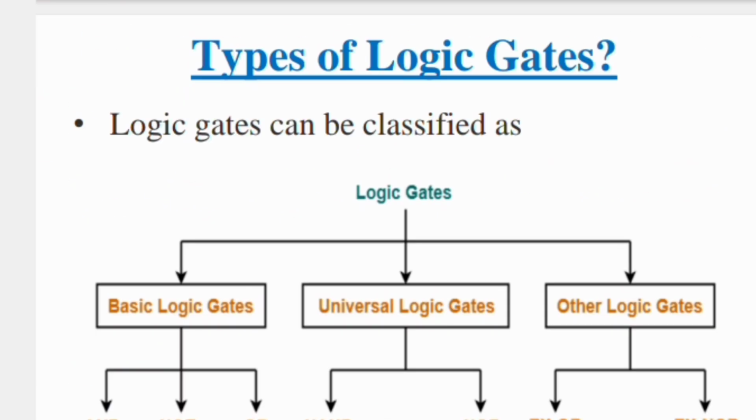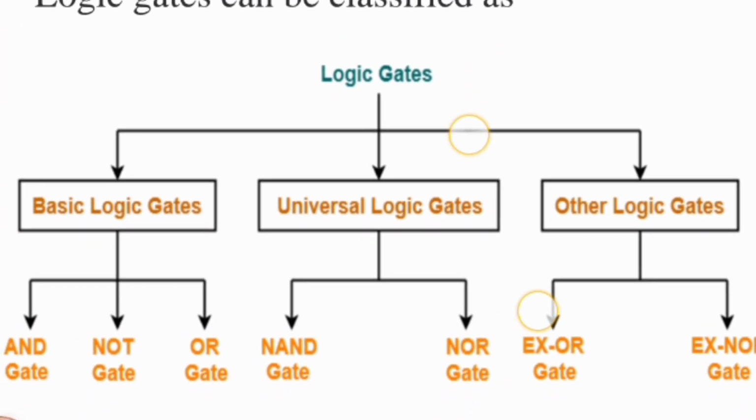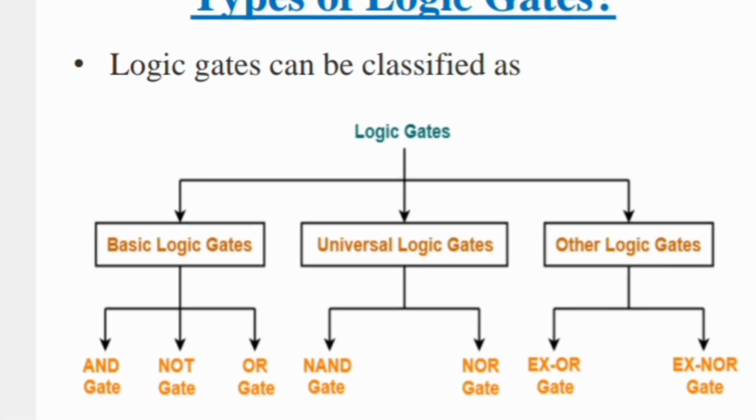Logic gates can be classified as follows: basic logic gates, universal logic gates, and other logic gates. Basic logic gates are classified as AND gate, NOT gate, and OR gate. Universal logic gates are NAND gate and NOR gate.